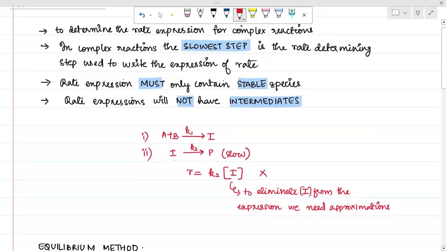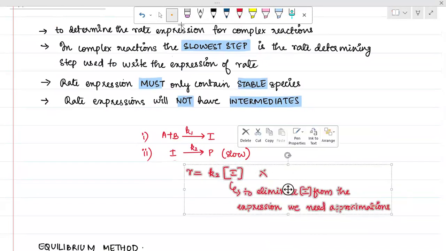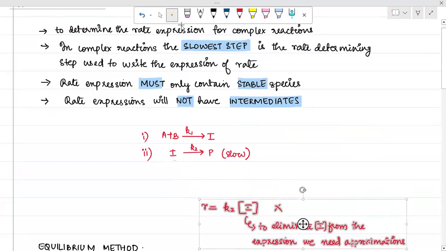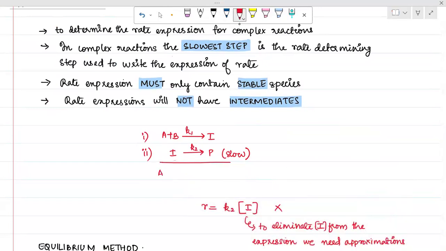What are intermediates? Let's say you take these two and you add them up. When you add them, A plus B plus I on the left gives I plus P on the right. I and I get cancelled. So intermediates are those which do not appear in the overall reaction.